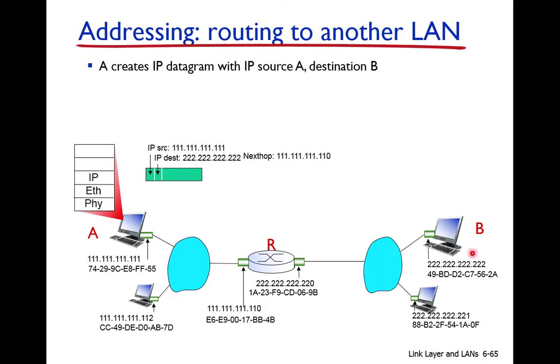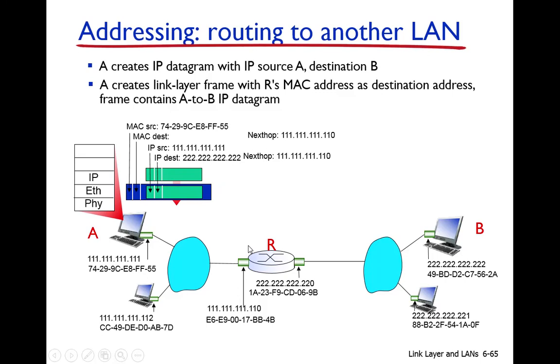So this is for B. The IP layer will compute from its table that this message should be forwarded to the next hop, this one, and it identifies the IP address that it should be sent to as the next hop.